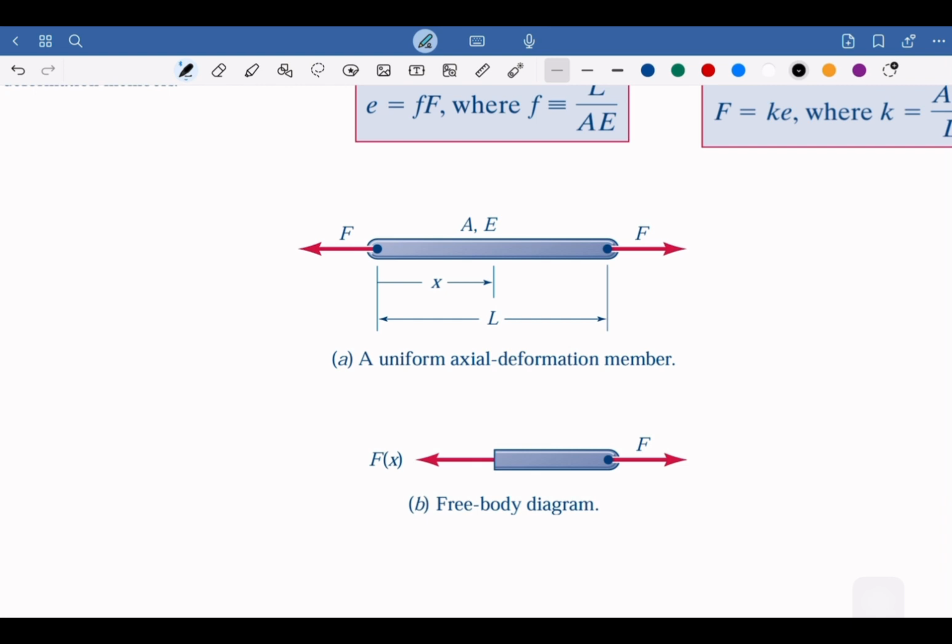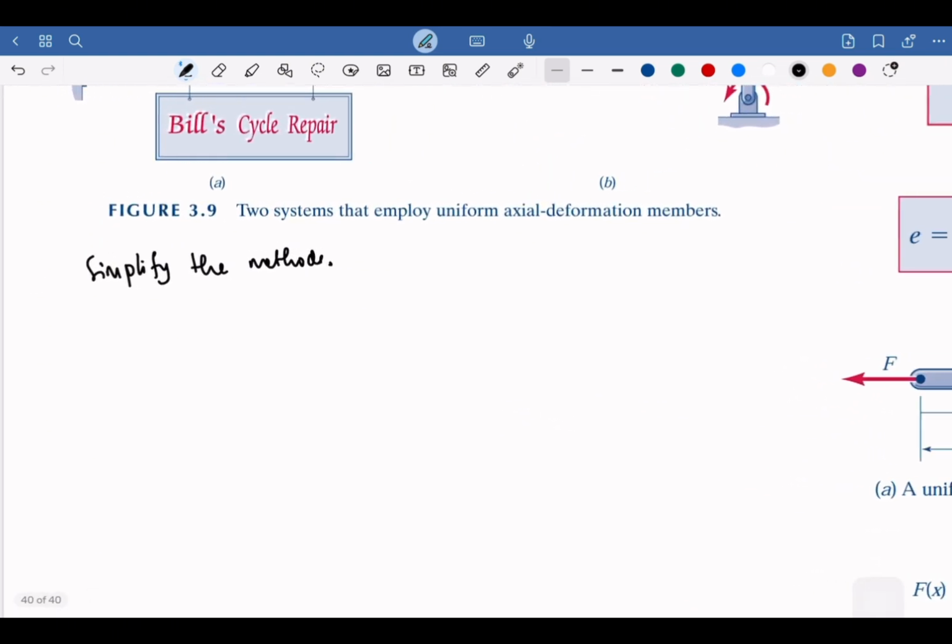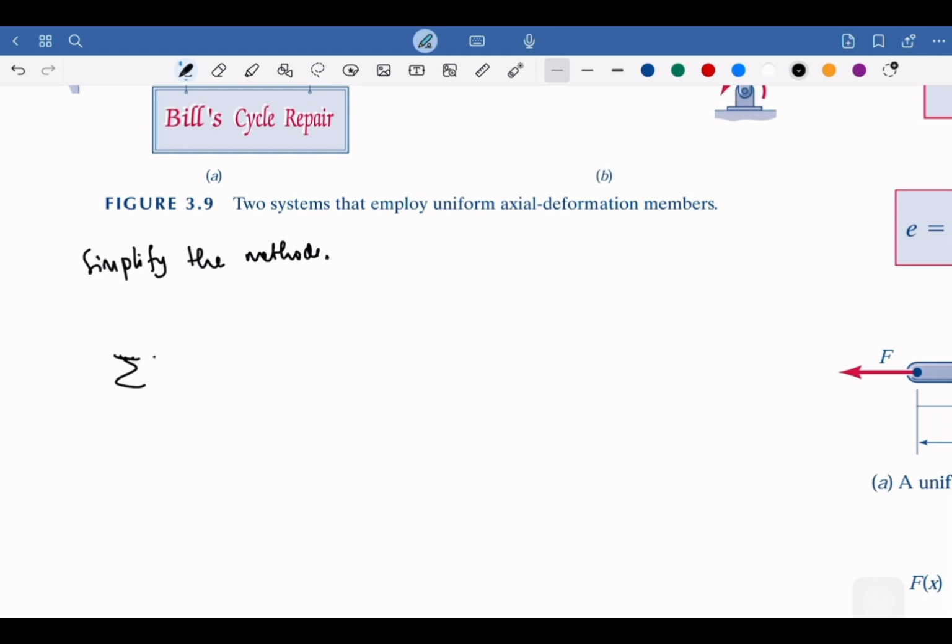We have the F at the two ends, and then we can write the free body diagram. So we slice this member to get the free body diagram, which has Fx and F. And then using equilibrium, that is sigma F for the x-axis equals 0, we can simplify that the F will be the same through all the points, or this will be a constant F.